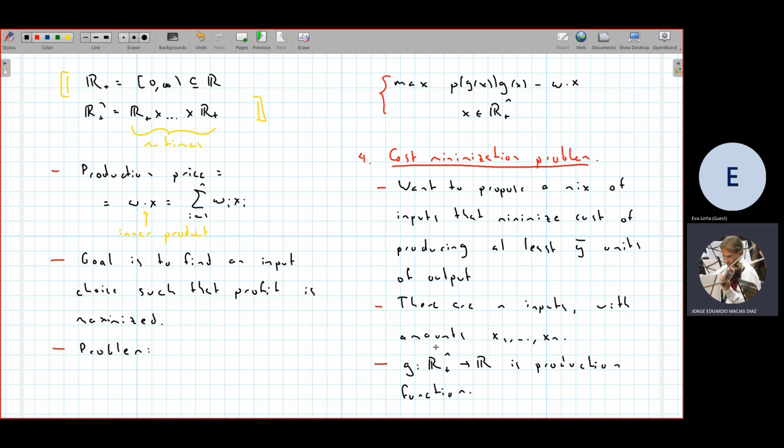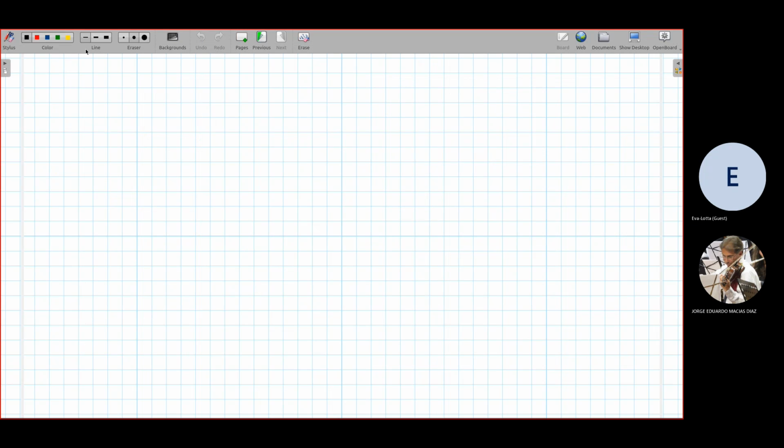Can we change the page? Yes, thank you. Okay, this production function, by the way, is also called a technology function, but I'm not going to mention it again. More notation, so W is going to be the vector W1, W2, up to Wn.